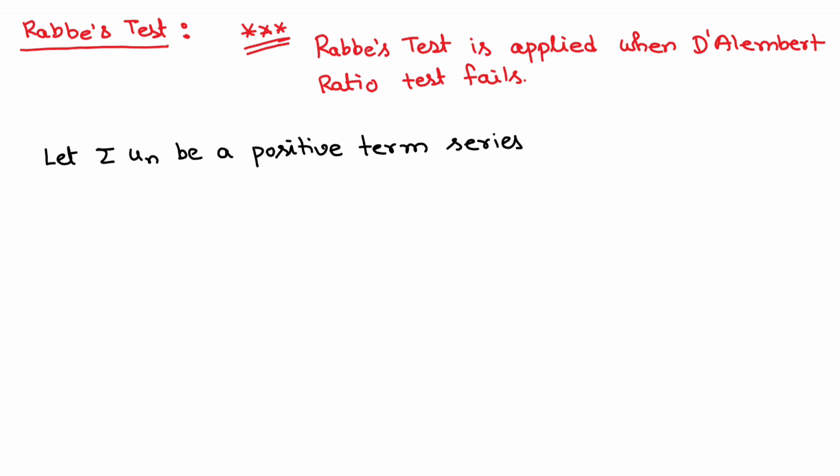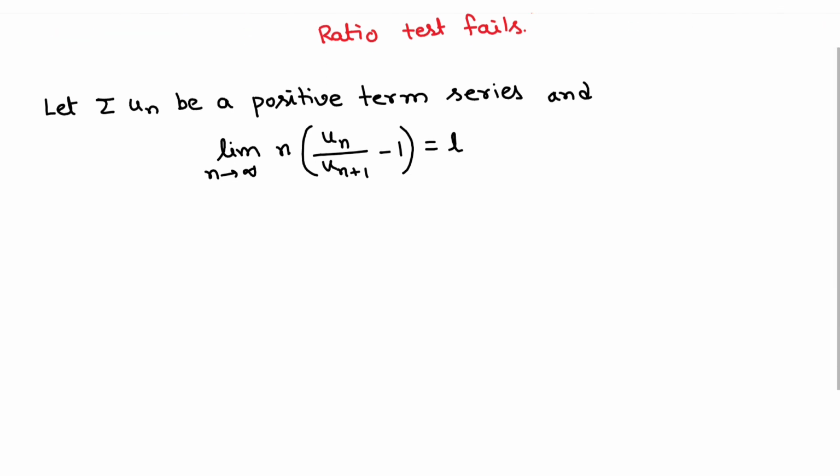Okay, and limit n tends to infinity n into (un by un plus 1 minus 1) equals L. Now if L is greater than 1, then summation un is convergent.